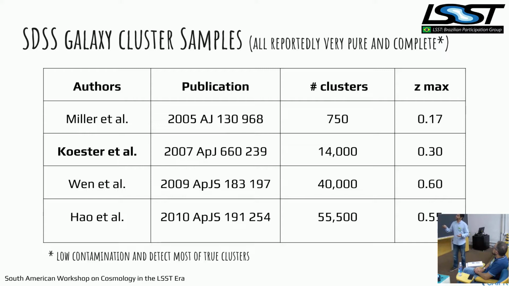And this is sort of a joke, if you will, in the literature, where everybody is like, oh, I'm 90 or 100% complete and pure, and if you compare them to each other, they miss about 50% of each other's cluster catalogs, right? But it's hard.